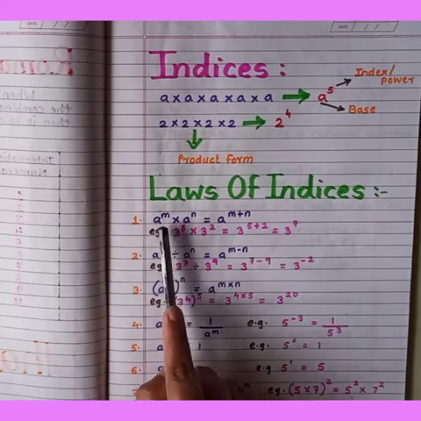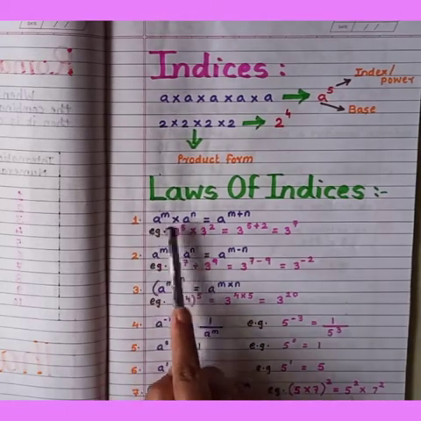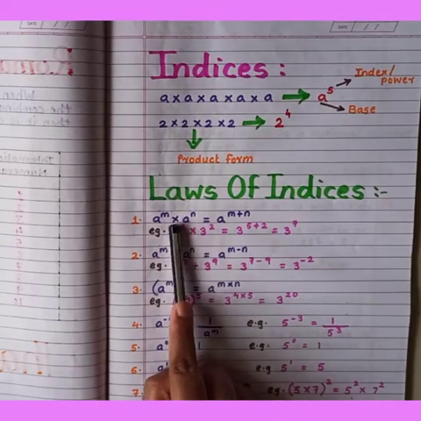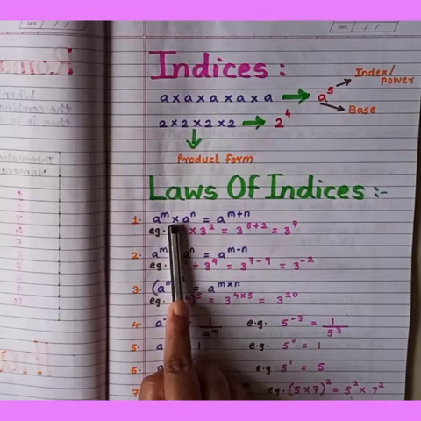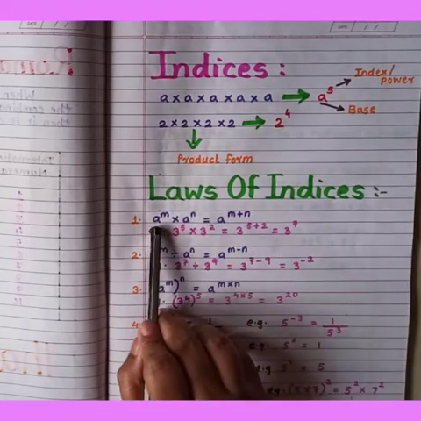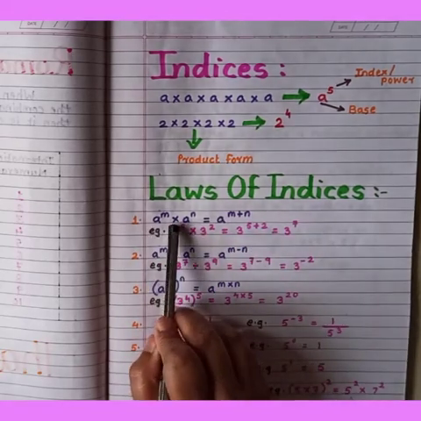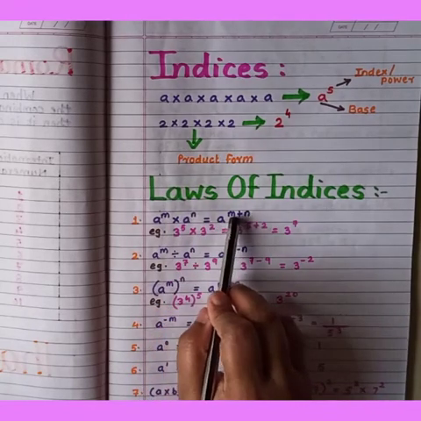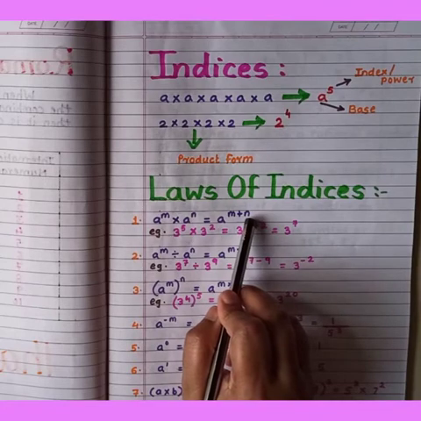Now let's see the laws of indices. First law: when we have the same base and multiplication, we add the powers. So we get A raised to m plus n.